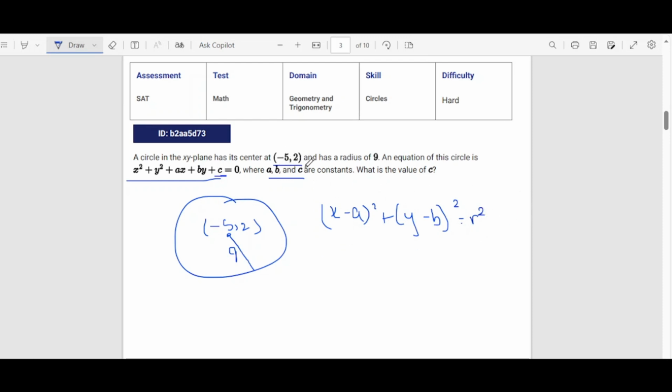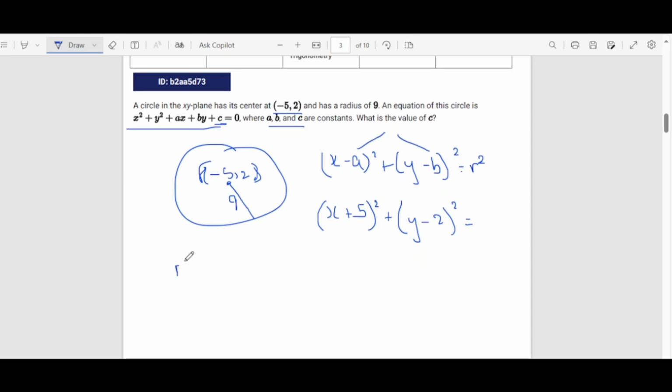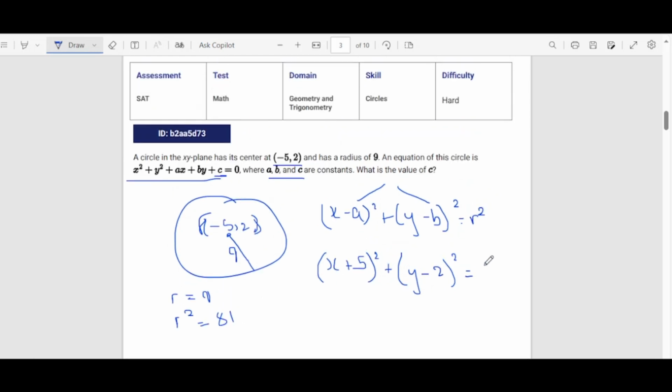They told us that (-5, 2) is the center of the circle, so a and b represent the center. Let's write them. x minus a becomes x plus 5, because a is minus 5. So (x plus 5) squared plus (y minus b), and b is 2, so (y minus 2) squared equals r squared. What is r? r is 9, so r squared is 81.